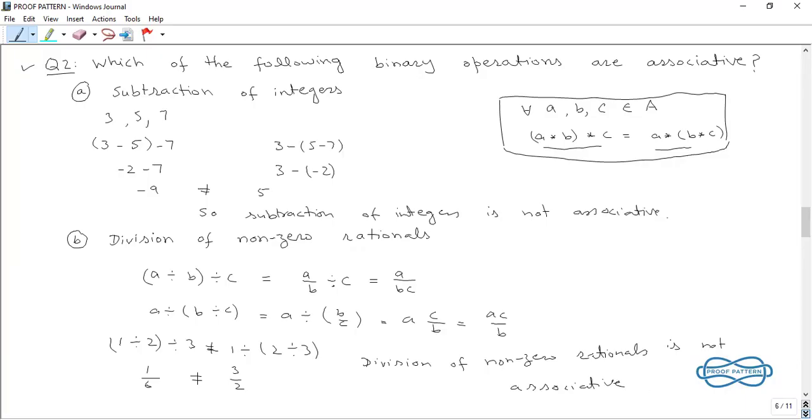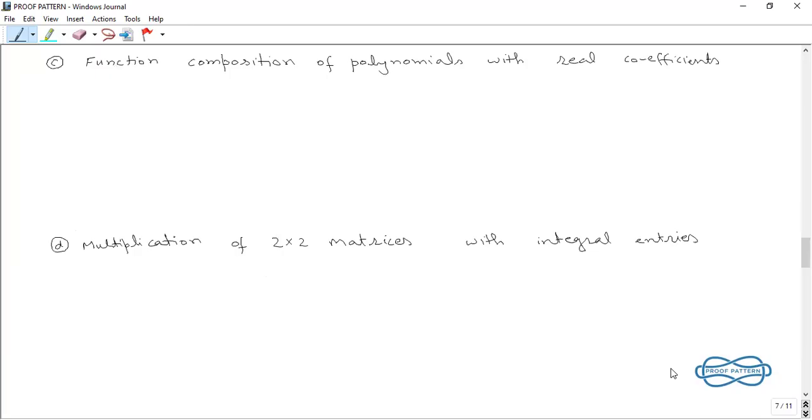Okay, we move further. The next is function composition of polynomials with real coefficients.